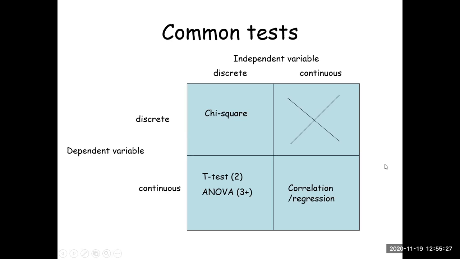So he calls this his statistical test cheat sheet. And we're going to use this in our class. So what do I want you to be able to do with this image? And I'll capture this and put it in the study guide. Based on a scenario, if your independent variable is measured with a kind of data that is discrete, like sex, male or female, months of the year, right?